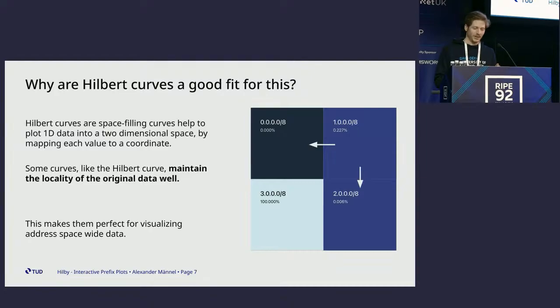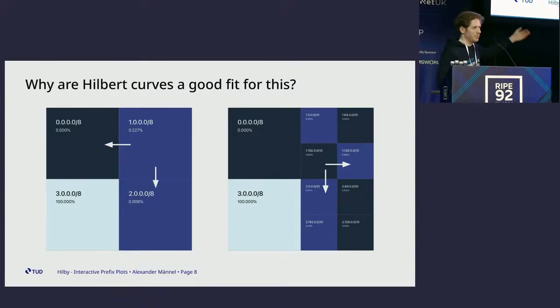And what that means in IP address terms and not mathy terms is, if you have two or three prefixes, in this case, for example, on the right, 1/8, its two neighbors, so 0/8 and 2/8, are physically right beside it. And this also holds for their sub-prefixes.